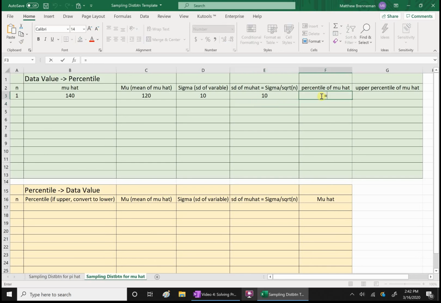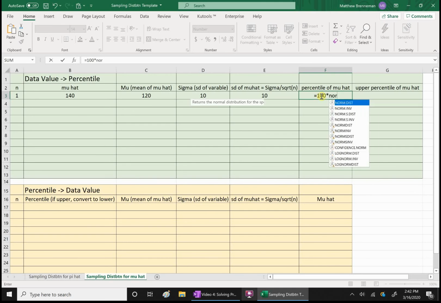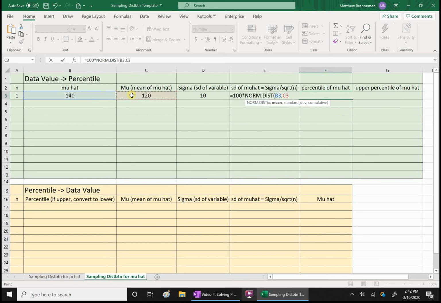And I want to know what is the percentile of mu hat, right? So I'm going to say it's 100 times norm.dist. The data value that I want the percentile of is 140. The mean is 120. The standard deviation is E3.